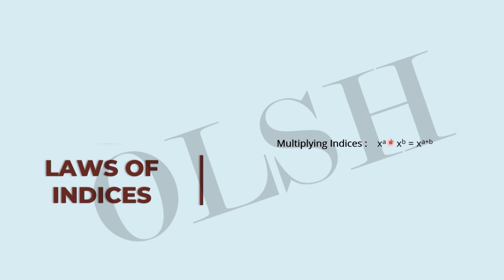We see that our multiplication sign turns to be positive on this other side, while the superscripts, the indices of both numbers, are added. So that's how we multiply indices. But first of all, remember the base numbers must be the same, x are same, before we can decide to do whatever we're doing with the indices of those numbers.